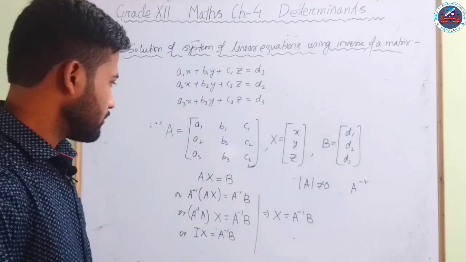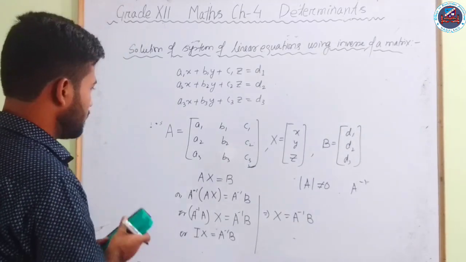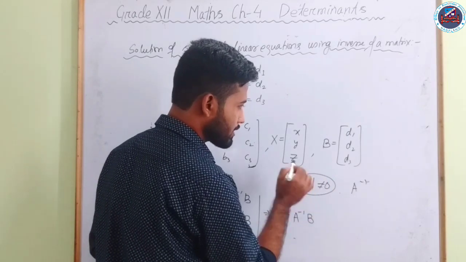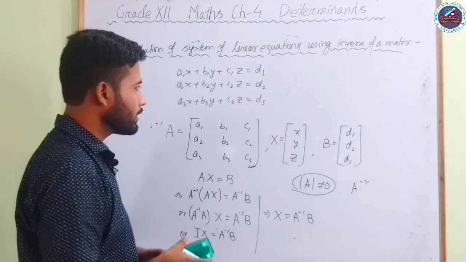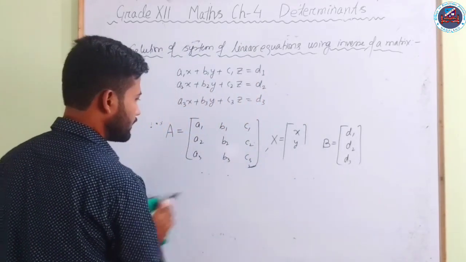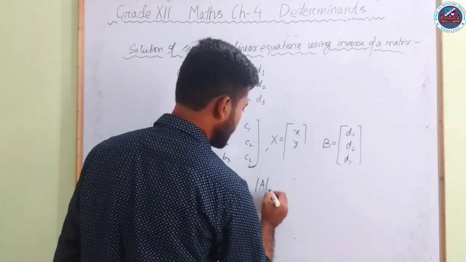Now let us see one more thing. Here we have taken the case when the matrix is non-singular. So what if it is singular? That means what if the determinant of A is equal to 0?